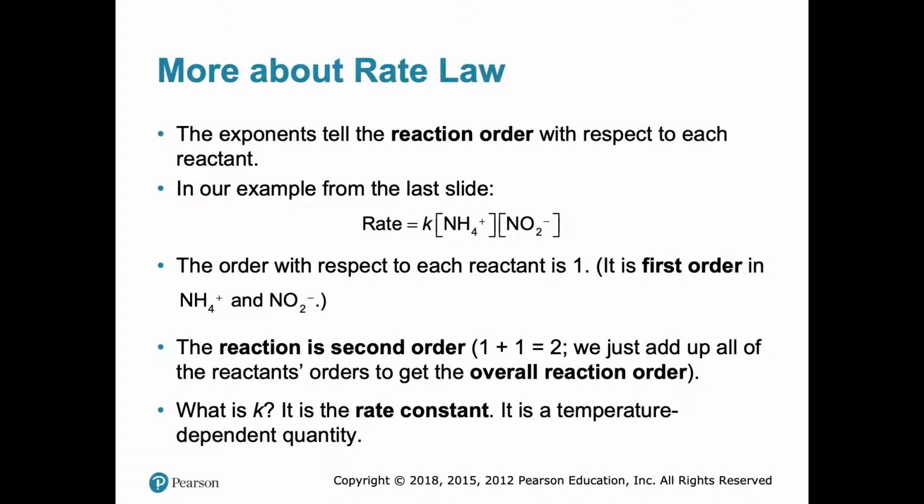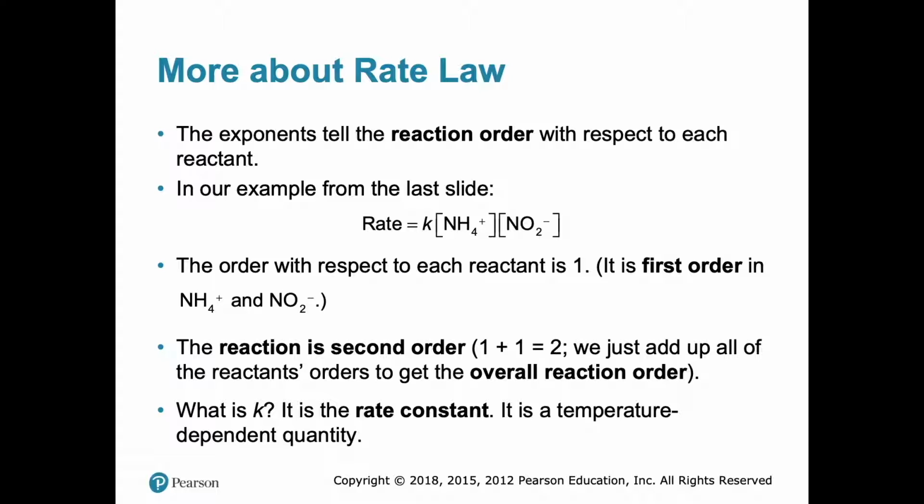A question might be asked: what is the overall reaction order? Well, it's quite easy. All you do is add the first one to the second one. Since both of these are 1, 1 plus 1 equals 2. So the overall reaction order here is order 2, or second order, right?